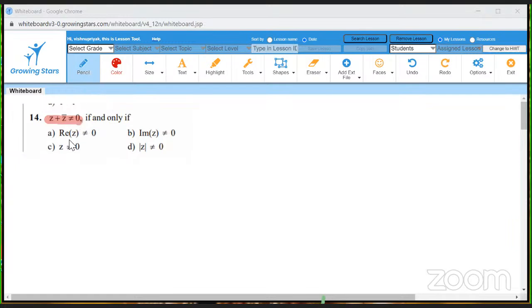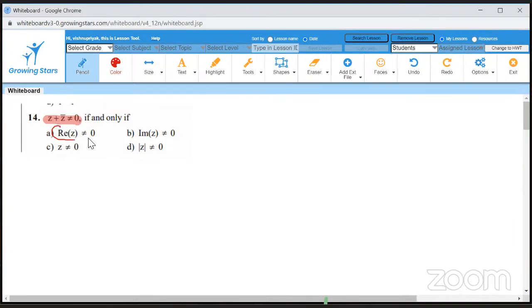Z plus Z bar will not be 0 if the real part is not 0.